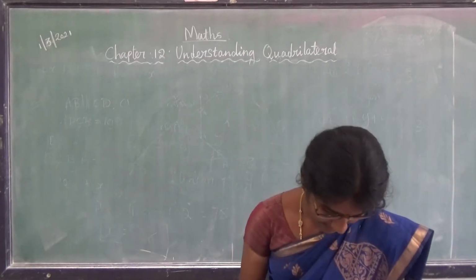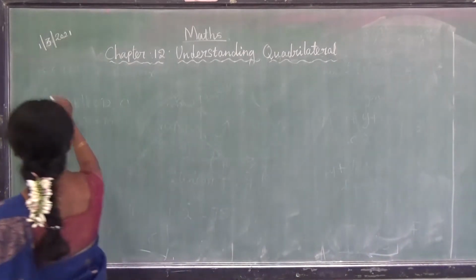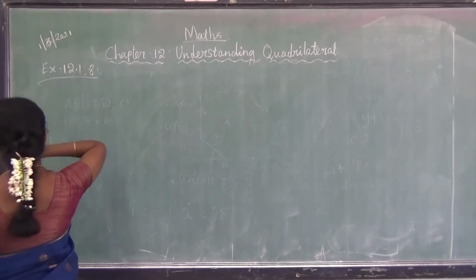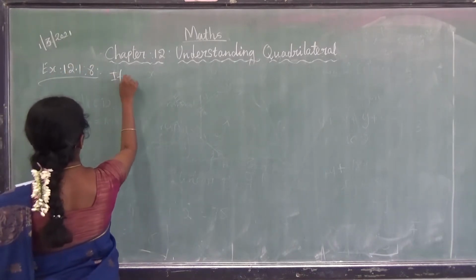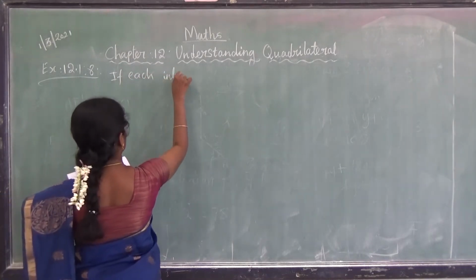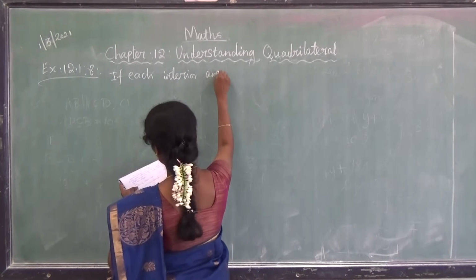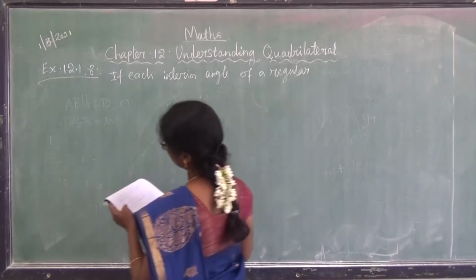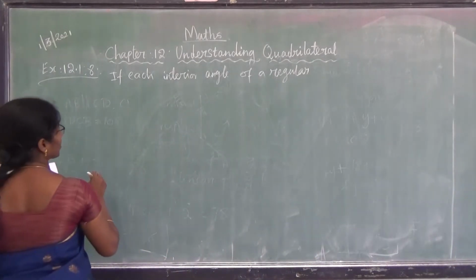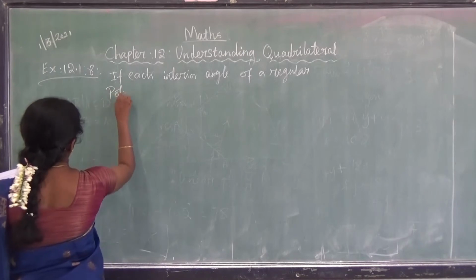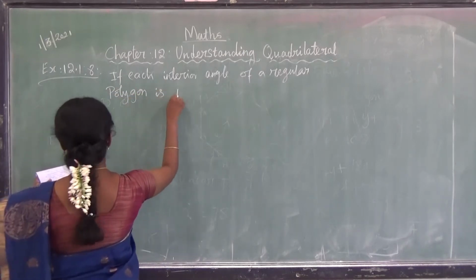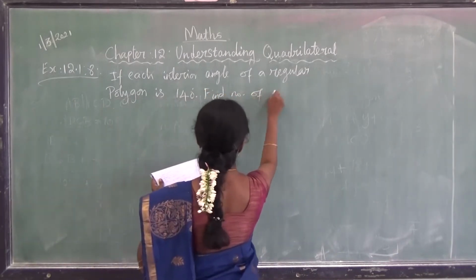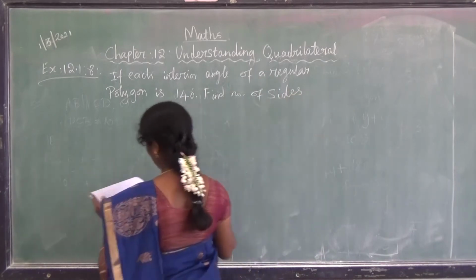Now the next one, that is exercise number 12.1, 8th sum. If each interior angle of a regular polygon, meaning all the sides are equal and all the angles are of equal measure, is 140 degrees, find the number of sides of the polygon.